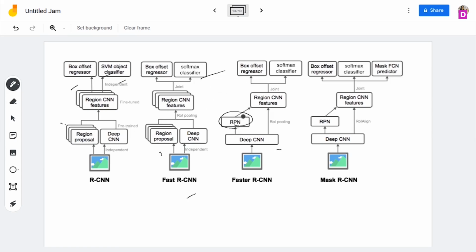This RPN was able to detect all your features. Then the whole thing was more or less the same. Along with giving the box values and whether it is background or foreground, it also gives out your mask values. This is the whole thing about Mask RCNN.